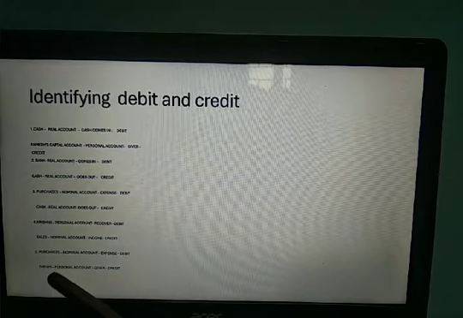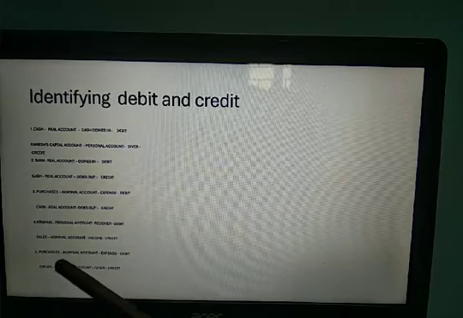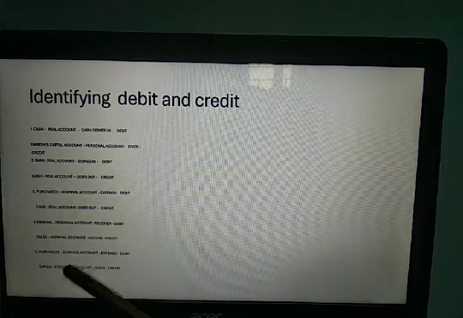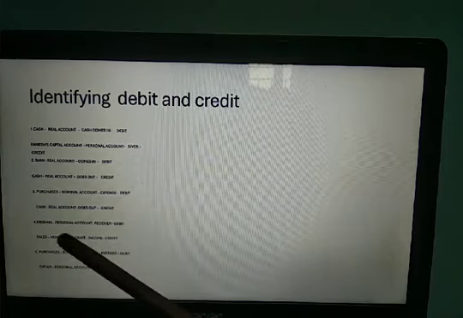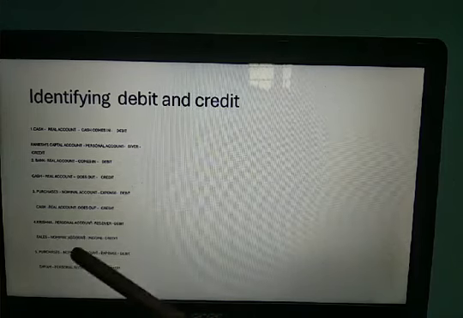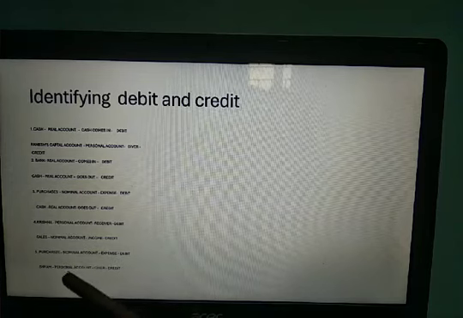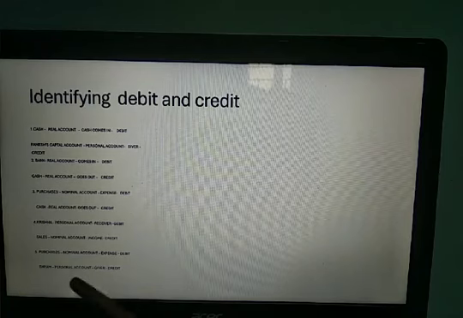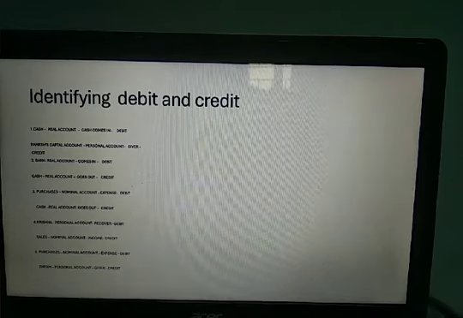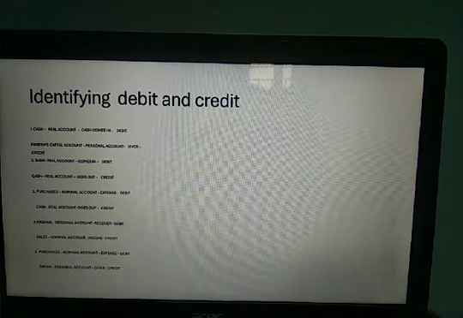Next, purchases from Sam, some goods on credit. Purchases is a nominal account, an expense, your expenditure, so it is debit. Sam, from whom you purchase, is a personal account, he is the giver. When you are purchasing from him, he is giving you the benefit, so it is credit. So these are the identifications of debit and credit.